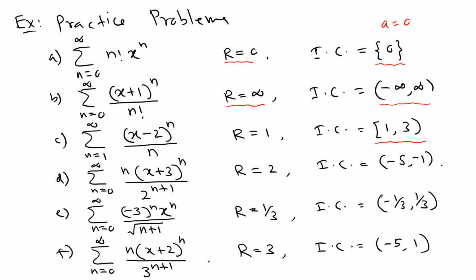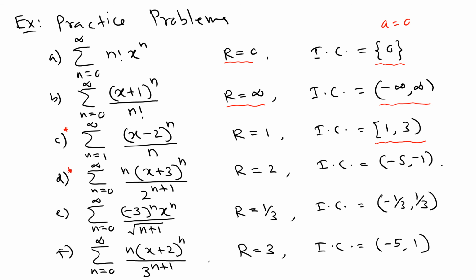So if you don't see a factorial, try to use the root test. It is much easier, but you can still use the ratio test for all the problems. Sometimes you can make the calculation easier by using the root test. For example, if you use the root test for C and D, you can see it's very easy to simplify.